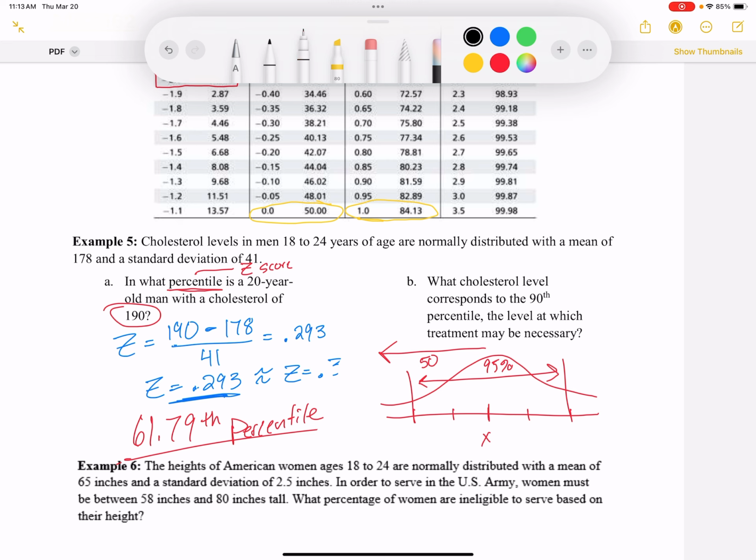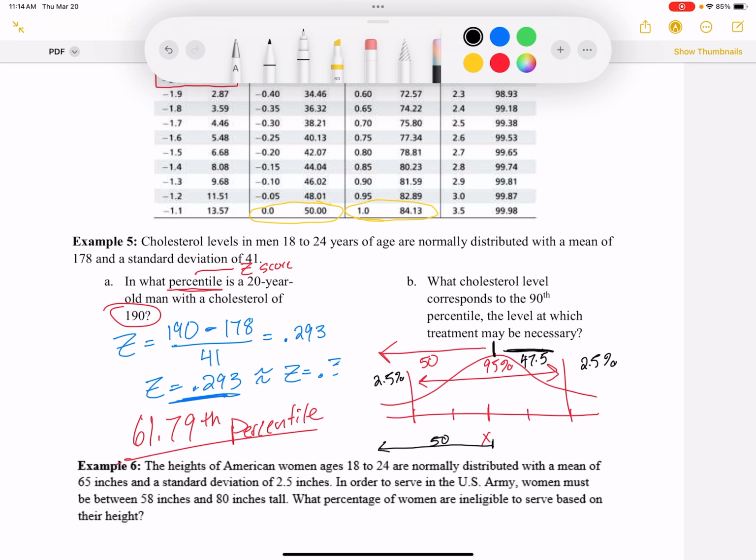That means there's 2.5% here and 2.5% here. This span right here is 95 divided by 2, 47.5. So if I'm thinking about 90%, I want to go above 50%.